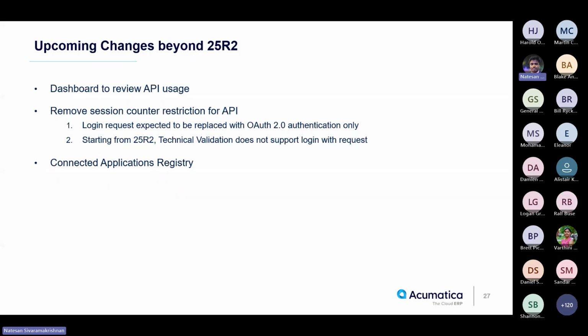There are also plans to introduce a connected applications registry for ISVs so that they can manage the OAuth setup for each of the customers in a single place. So these all just show the path or the planning that is ahead for the REST API feature within Acumatica, but it's not defined when it's going to be released.